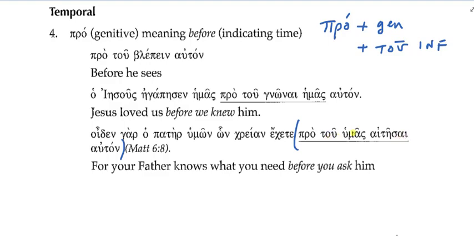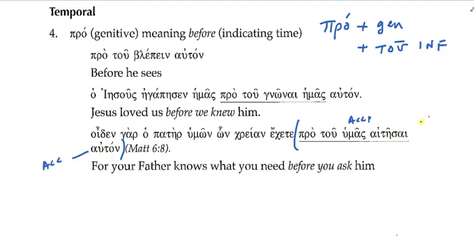Now, what case is humas? That's accusative plural. For y'all, what case is auton? That's accusative as well, isn't it? So which one's doing the asking and which one's the object of the asking? Yeah, so before the you asking him. Now, that's bad English. How would we translate this better? Before you ask him. All right?